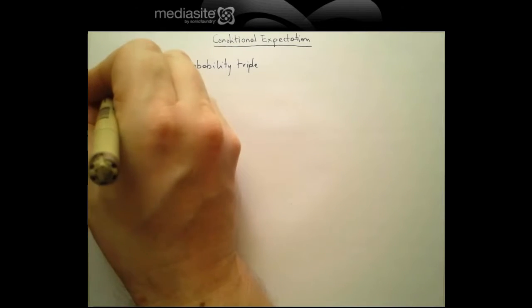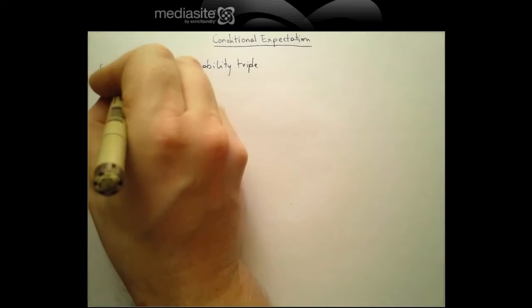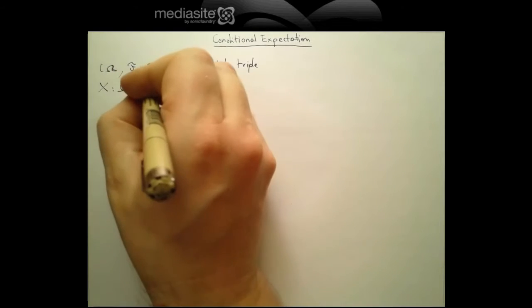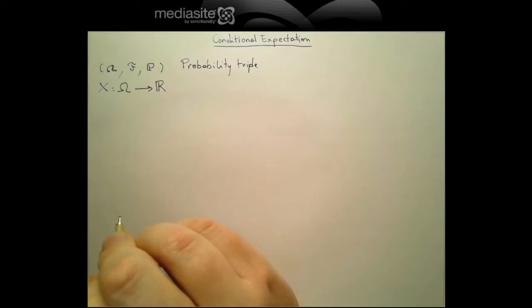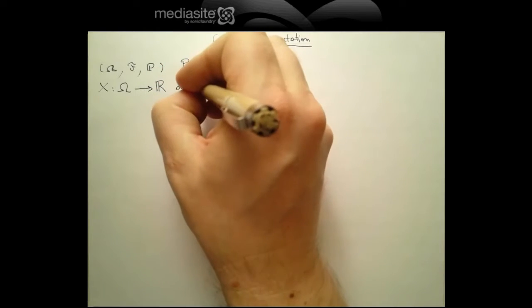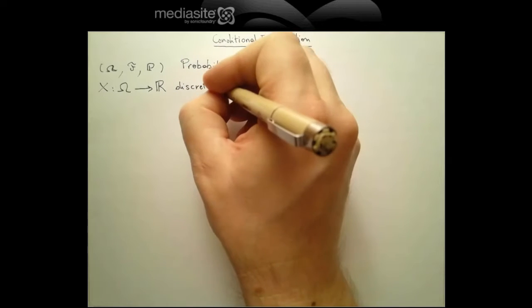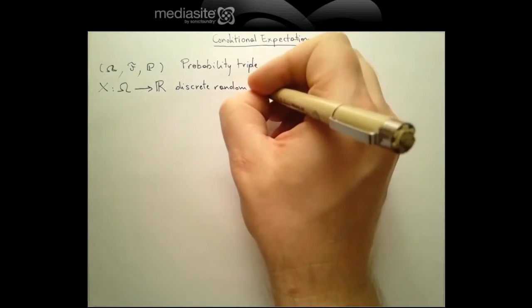And then we can look at random variables, and these are functions defined on the sample space that give you numbers. You should think of these as measurements. Okay, and for simplicity, I'm going to do everything in the discrete case. So this is a discrete random variable.